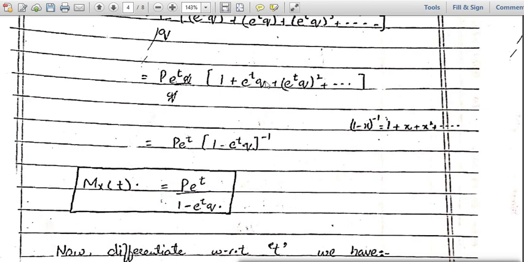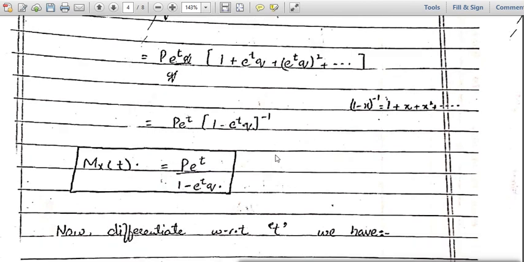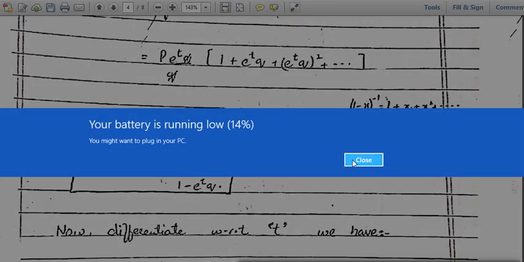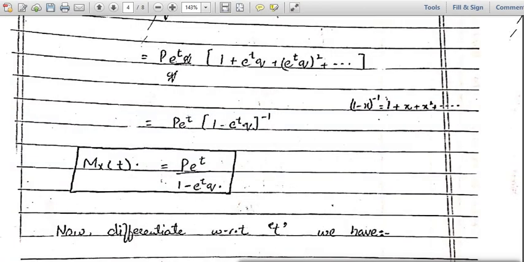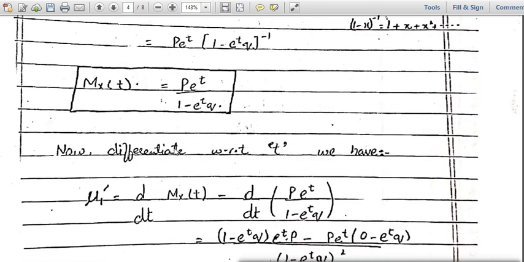We can write this series, using the binomial expansion (1 minus x) to the power minus 1 equals 1 plus x plus x squared and so on. This is the moment generating function of X, M_X(t).